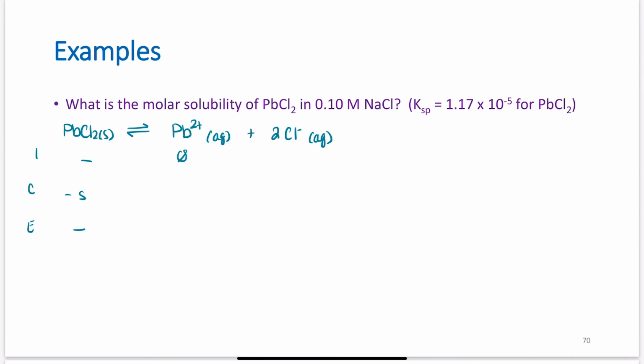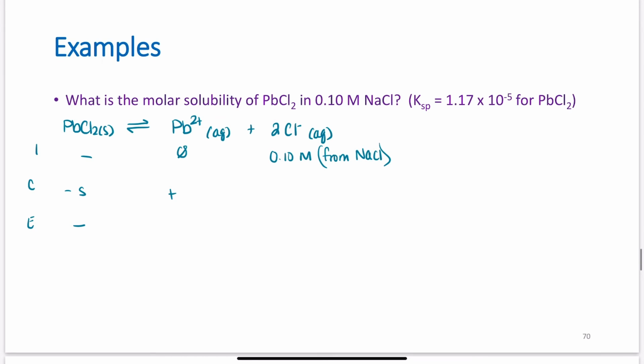We don't have any Pb2 plus to start, but we do have 0.1 molar NaCl, which creates 0.1 molar Cl minus ions at the start. Plus S, plus 2S, S, and 0.10 plus 2S.